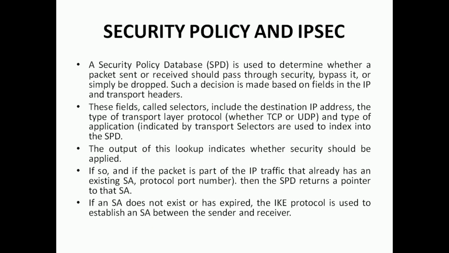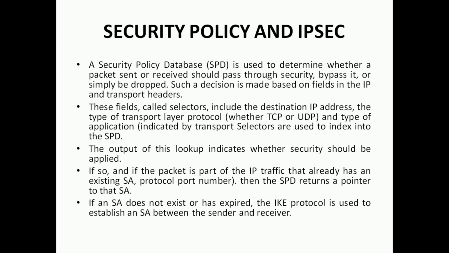Then security policy and IPsec. A security policy database is used to determine whether a packet sent or received should pass through security, bypass it, or simply be dropped. Such a decision is made based on the fields in the IP and transport headers.